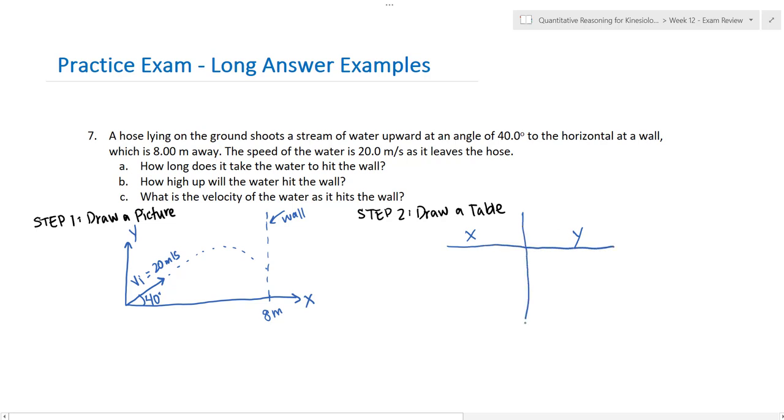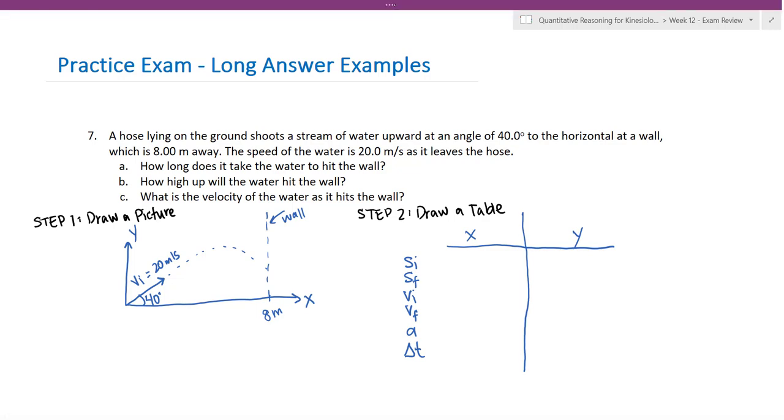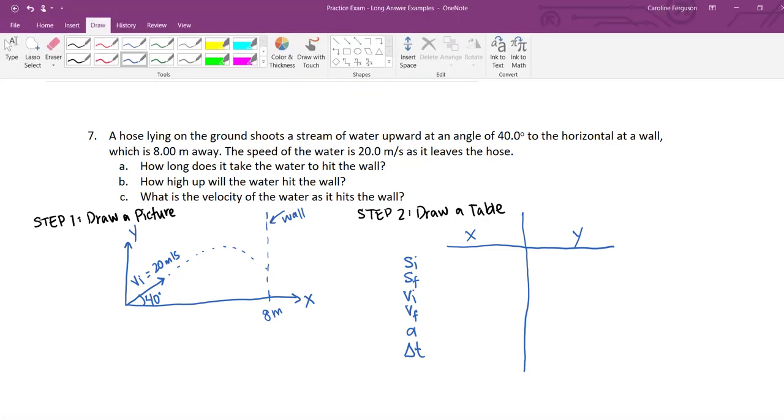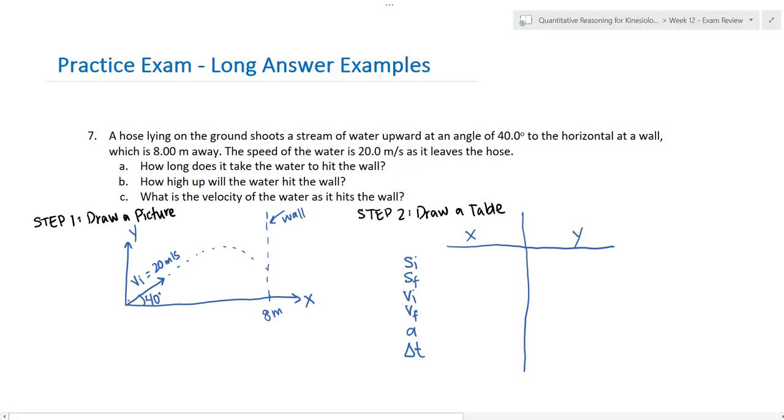And on the left side, we have all the variables from the kinematic equations: initial position, final position, initial velocity, final velocity, acceleration, and change in time. And now we're going to fill out our table with all the information we know. So for initial position, we can label it on our picture here. That's our initial position. And what is that point then? It's right at the origin, so it would be 0, 0.